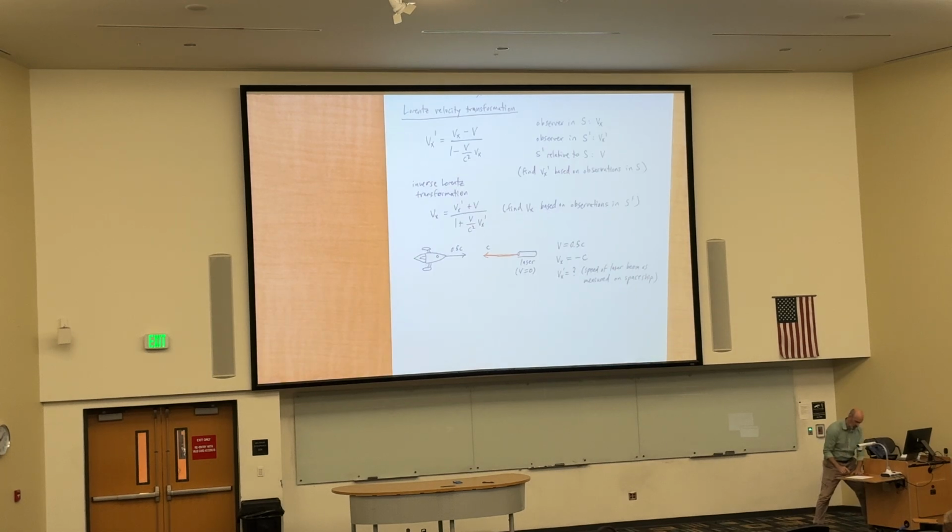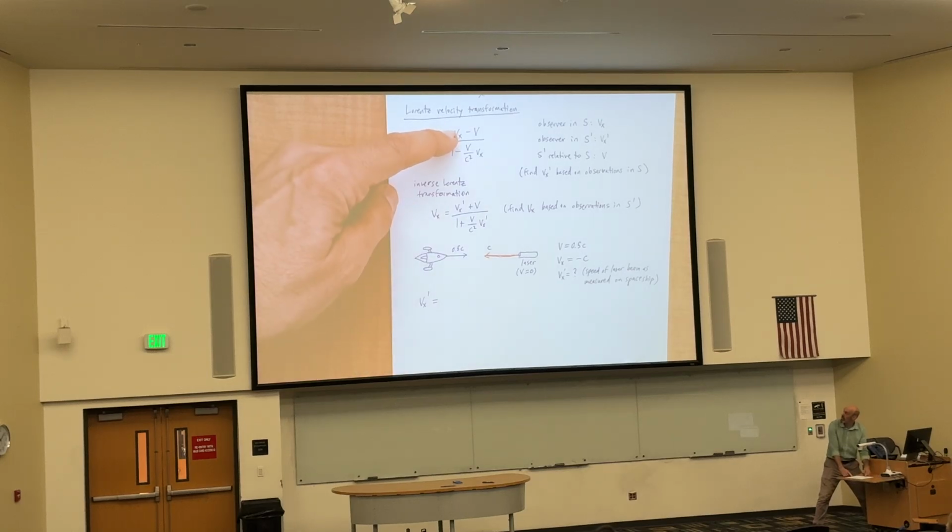Okay, so let's work that out with the Lorentz transformation. So again, we're going to take this reference frame as our S reference frame. This is our S prime reference frame. So we're trying to find Vx prime. So we'll use the Lorentz transformation that we wrote down above here. So Vx prime is equal to Vx. That's the speed of the laser in the reference frame of the person who fired the laser, where it's at rest.